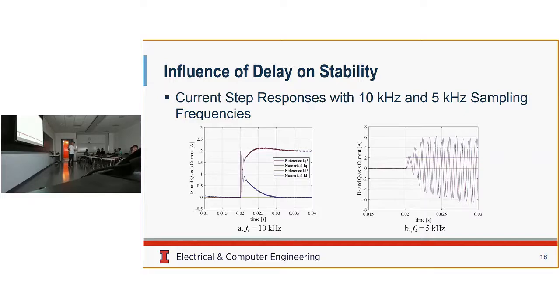But in the second figure, it just explodes because of the high delay time. So this indicates that the gain tuning needs to take this effect into consideration. When the system has a risk of instability, we need to lower the gain.